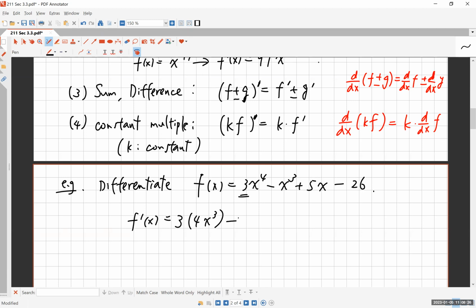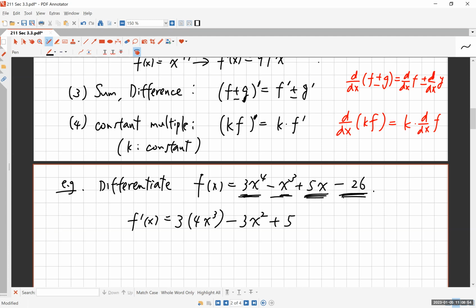Now, I'm going to write this all together because this is like the sum of 4 terms, and the derivative of a sum is the sum of the derivatives, right? So I can just differentiate term by term. So 3x to the fourth becomes 3 times 4x cubed, minus, now x cubed becomes 3x squared. 5x becomes 5 times the derivative of x, which is 1, so it's just 5.